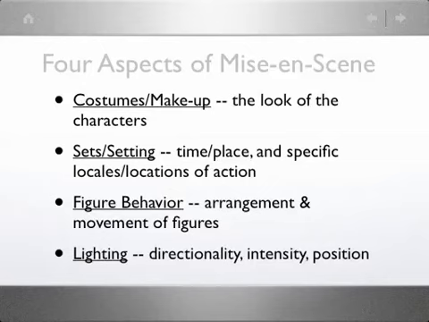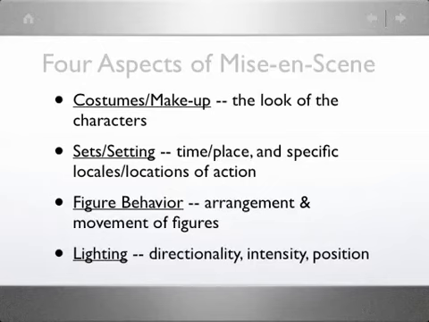The directionality of the light: where is the light coming from? Is it shining from off the left edge of the frame into the frame? Is it coming from a couple of different directions? The intensity: is there a great deal of light that is very strong, or just a little bit of light that is not strong and causes a lower level of illumination for the objects or the characters in the frame?